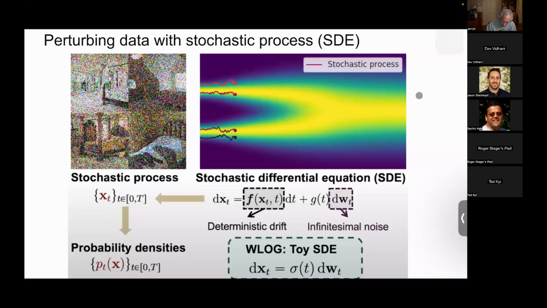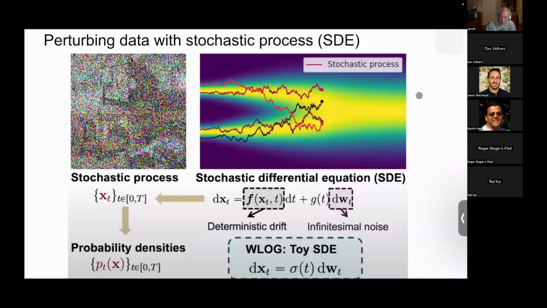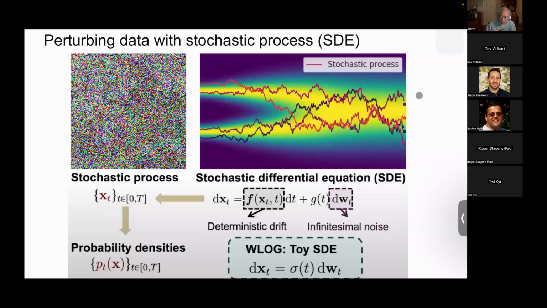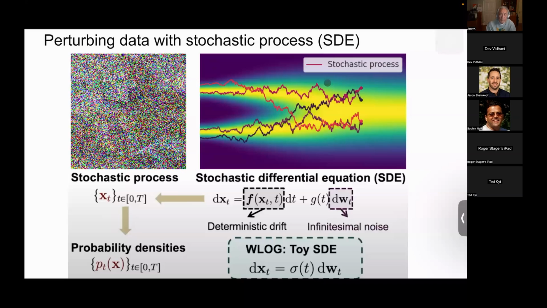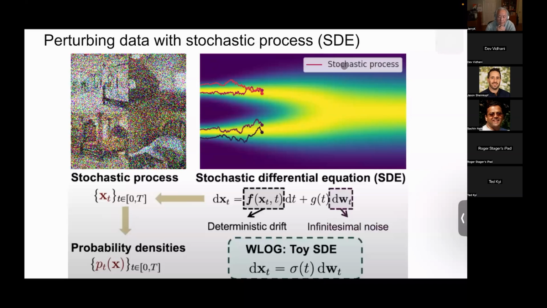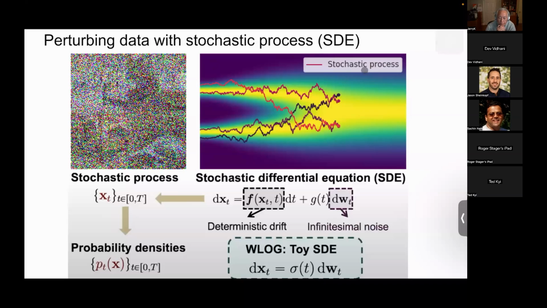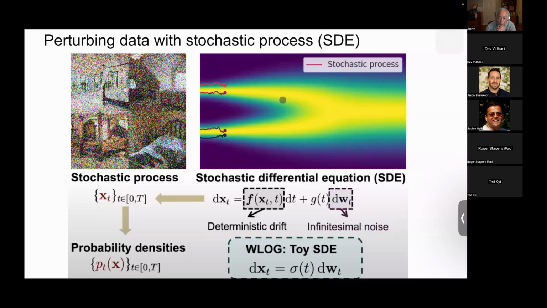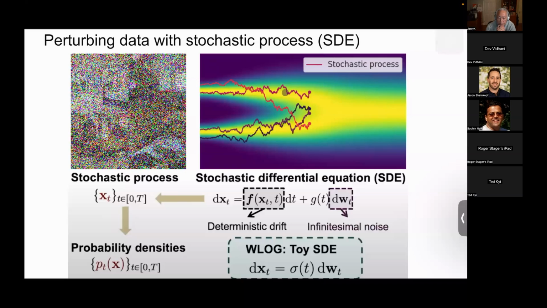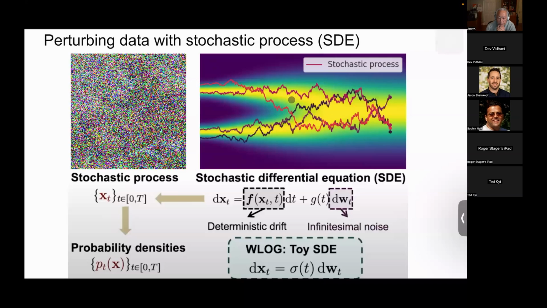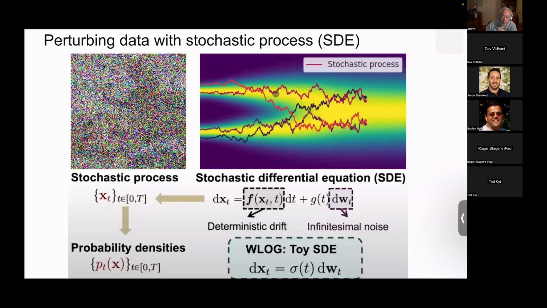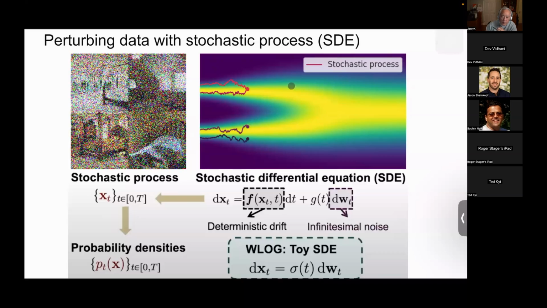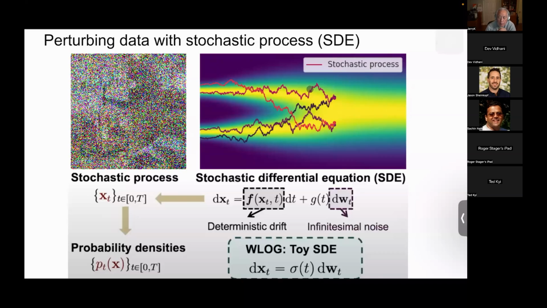So the trajectory of these data points is basically what you can view as the trajectories of the stochastic process. In this case, it is a process with a collection of random variables, because when you go to continuous time, at any time that you look, it's a random variable.